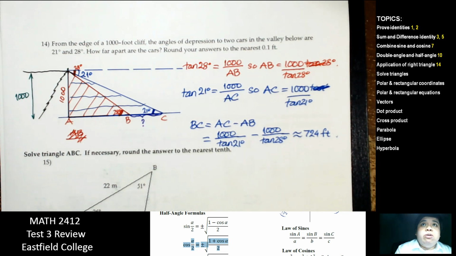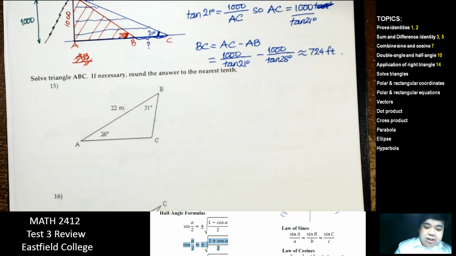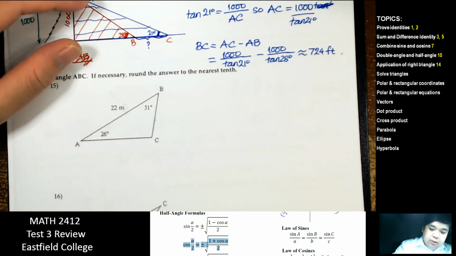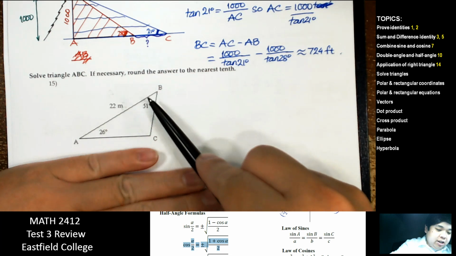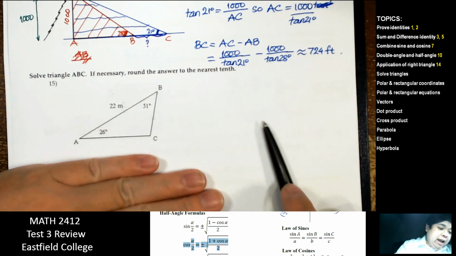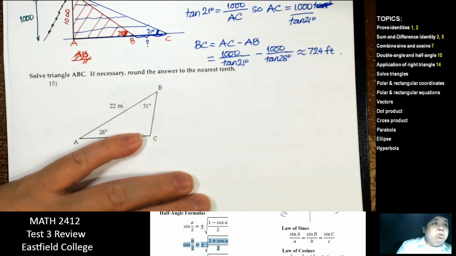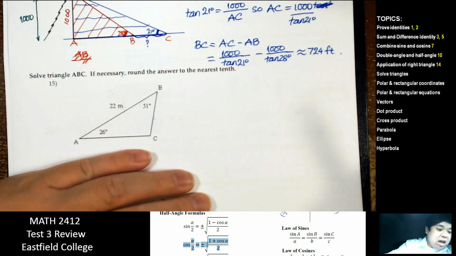Next, we will solve the triangle in general, what we call the oblique triangle, where we do not have a 90-degree angle in any of them. Right. So we look at 15. In this triangle, what we have is angle B, angle A. So we know two angles, meaning that we know the last one too.